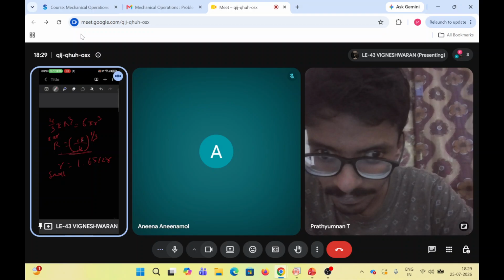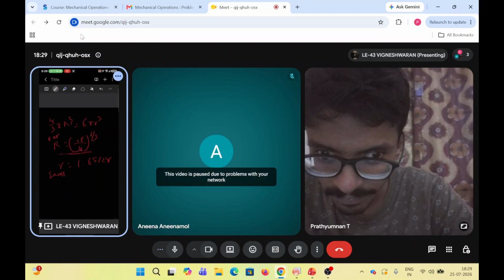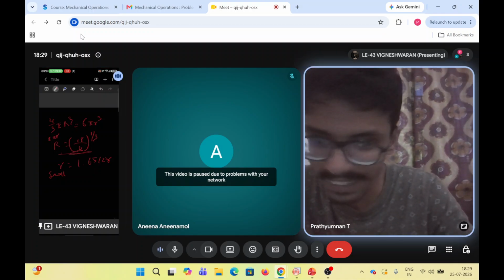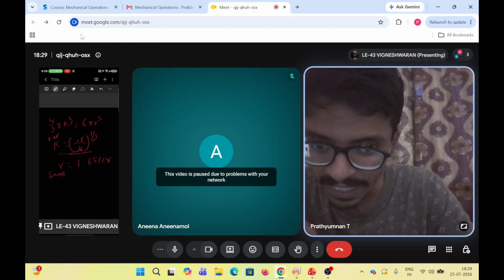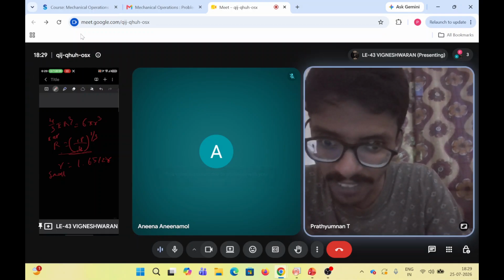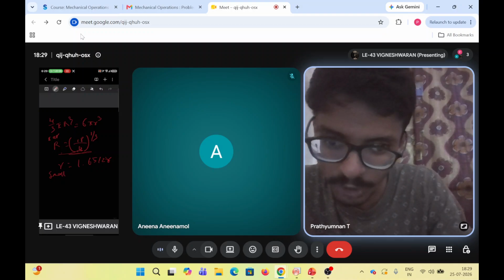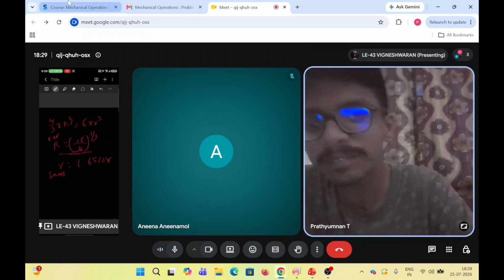I put it into the bracket, 18 by 4, whole square, 1 by 3. Pi on each side will get cancelled. Then again one more r should be there on the right hand side.